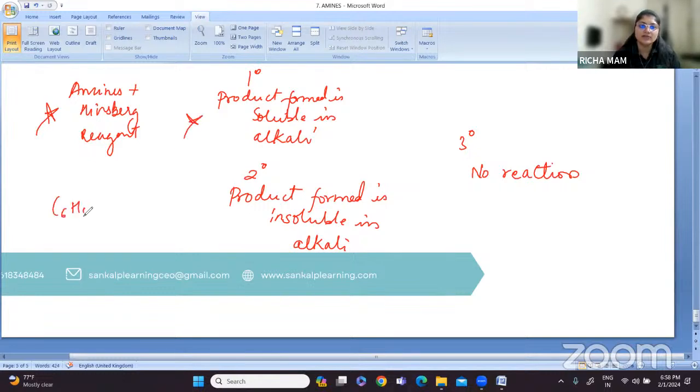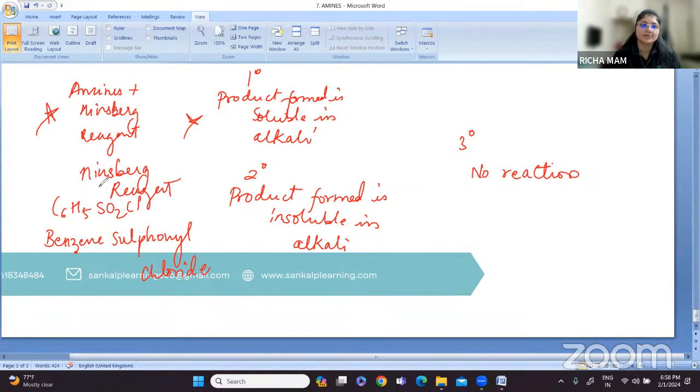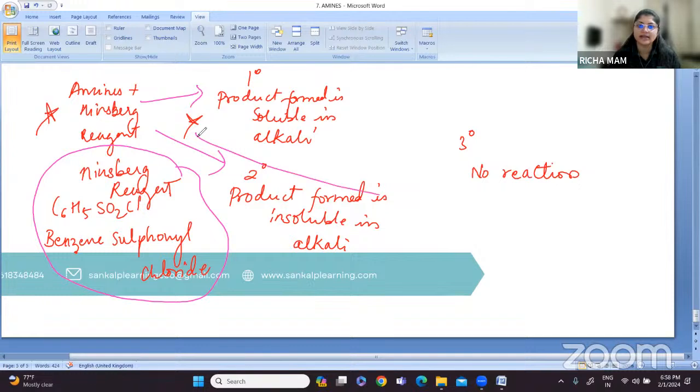Benzene sulfonyl chloride, that is Hinsberg reagent. So what is Hinsberg reagent and how is the reaction with primary, secondary, and tertiary amines? Is it clear?